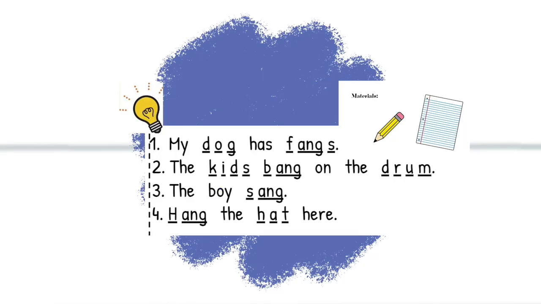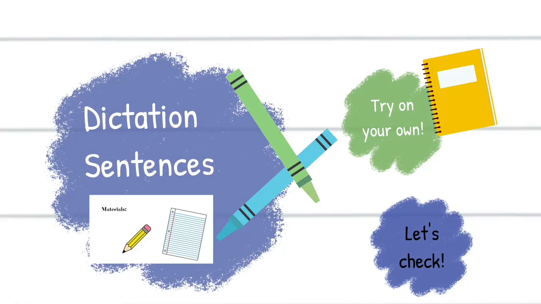Don't give up. Keep persevering. I believe in you. Second sentence, the kids bang on the drum. Third, the boy sang. 4, hang the hat here. Whew, that was a lot of work, friends.